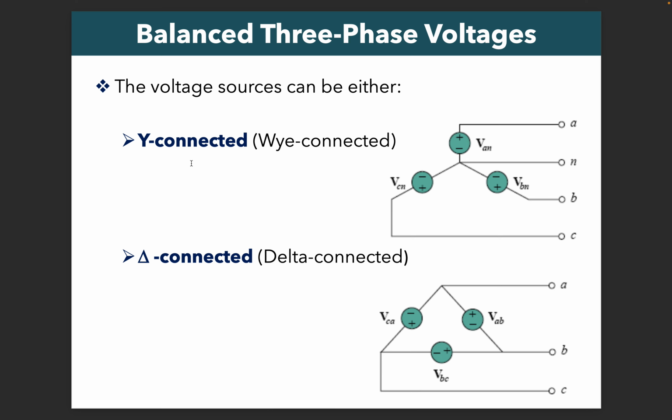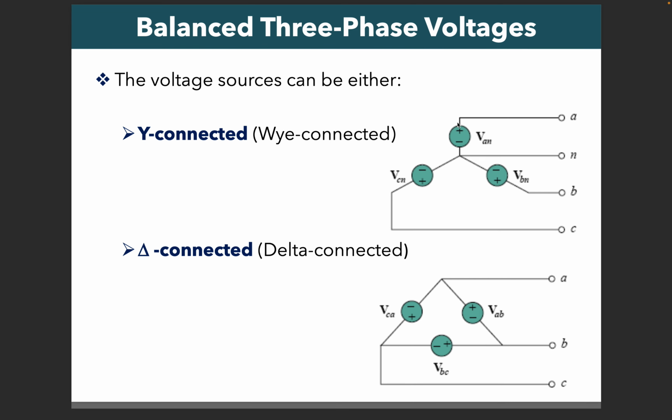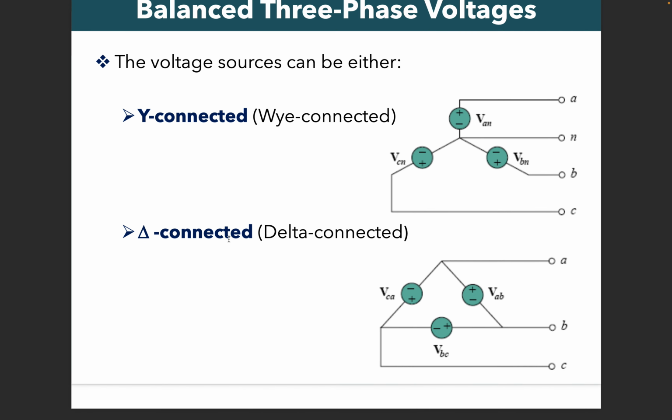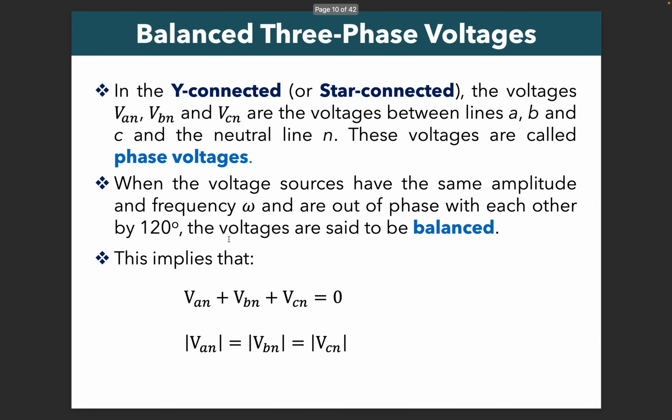We have a Y-connected system, which is here, and a delta-connected system, which is here. As we can see, there is a phase angle difference of 120, 120, 120 to make 360, right? Delta connected is another form of balanced three-phase voltages.